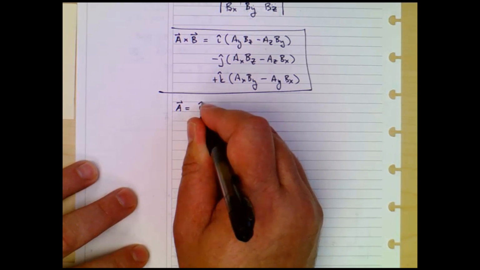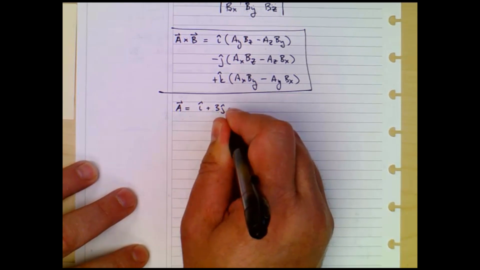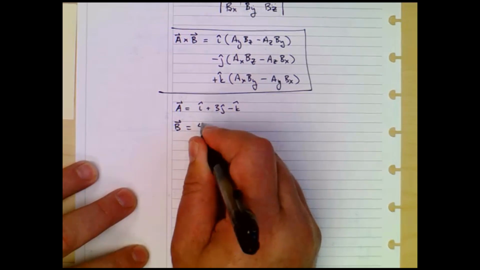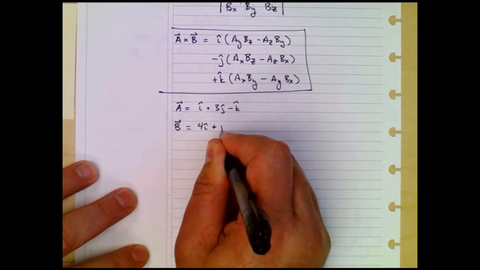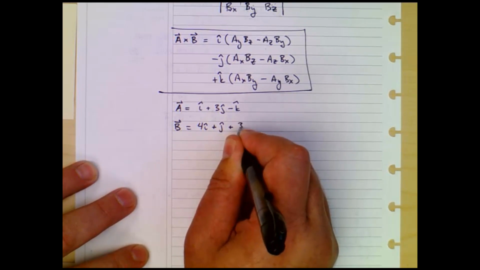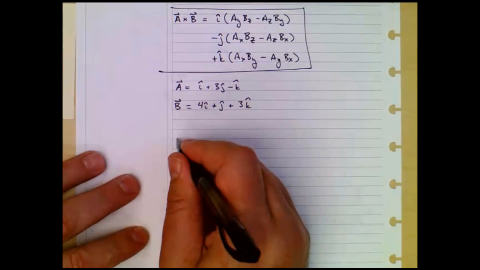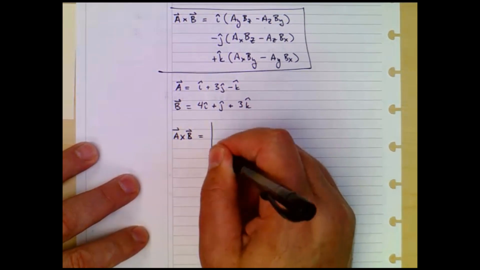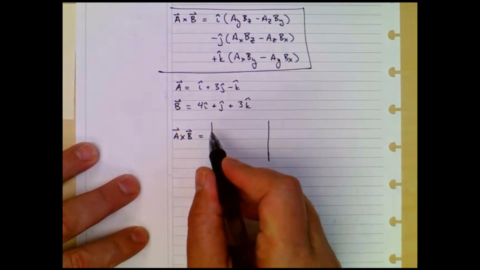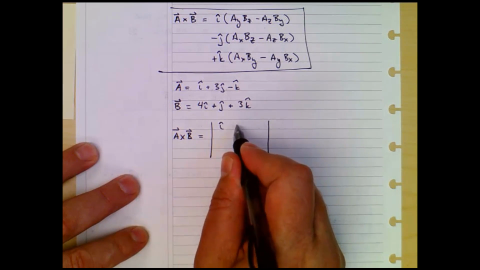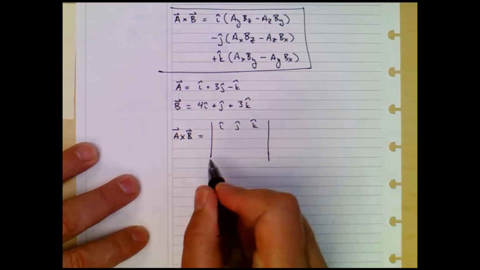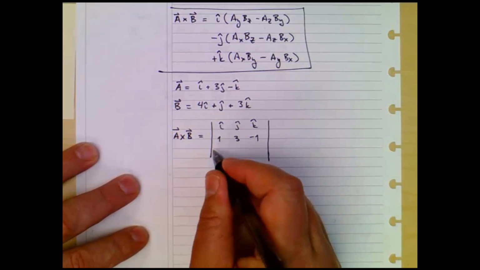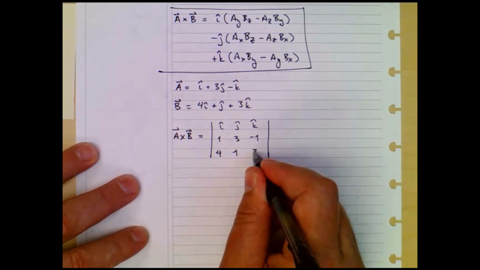If A is I hat plus 3j hat minus k hat, and B is 4I hat plus j hat plus 3k hat, then we can find A cross B as the determinant of this 3 by 3 matrix: I, j, k; 1, 3, minus 1; and 4, 1, 3.